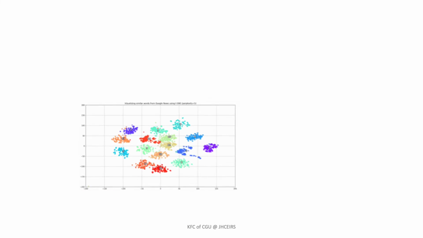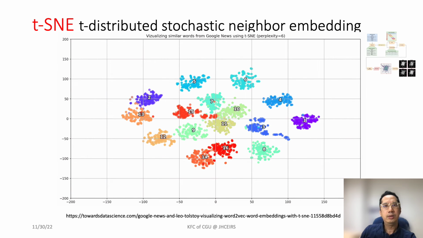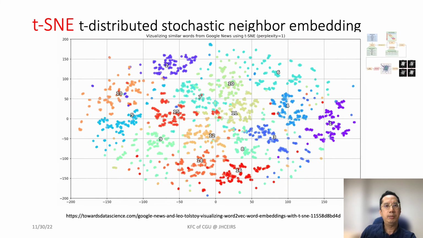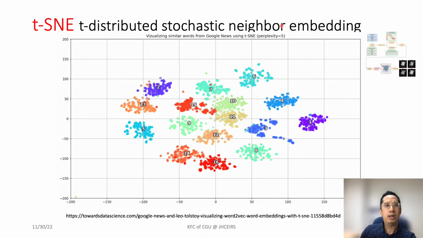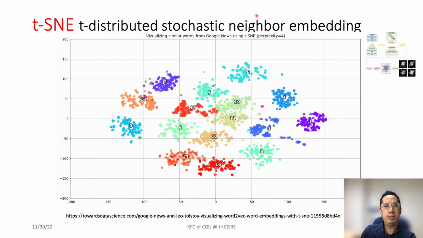So what's the t-SNE method? This is a relatively popular method nowadays, using the t-distribution to do neighbor embedding.